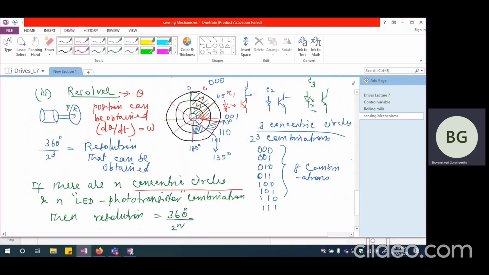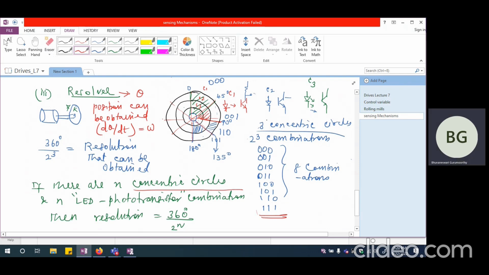The resolver again is digitally compatible, because what we get directly are the phototransistor's pulses. It could be either 0 or 1, and we will get the pulses from each of the phototransistors. So in that sense, this would again give a digitally compatible output in the form of rotor position.